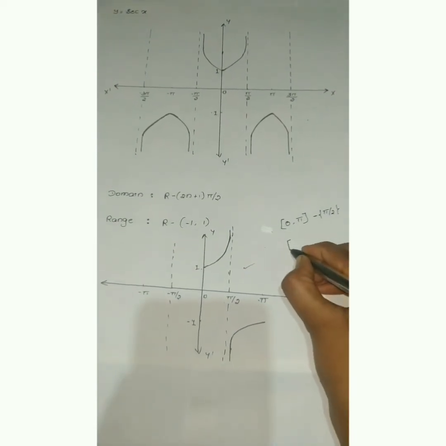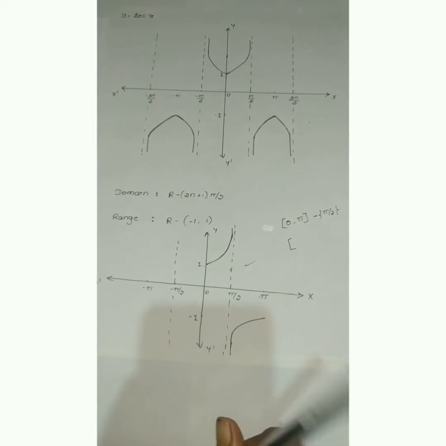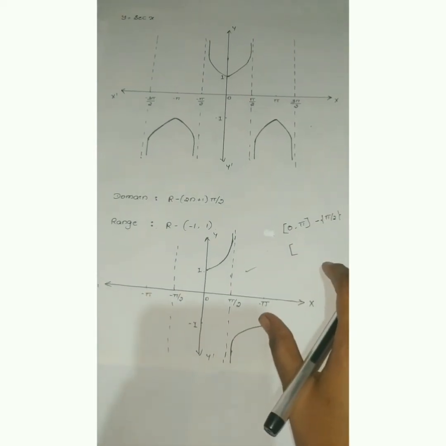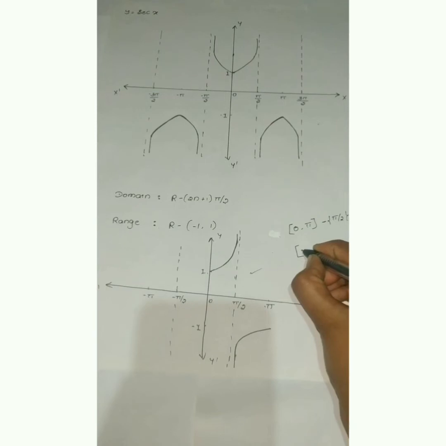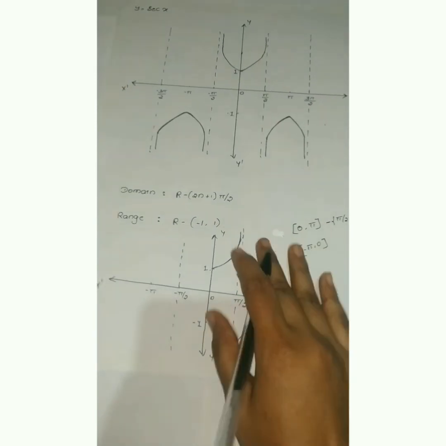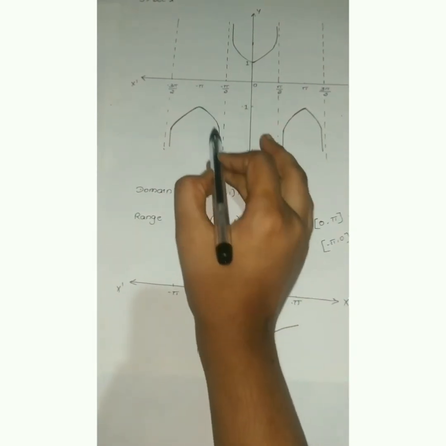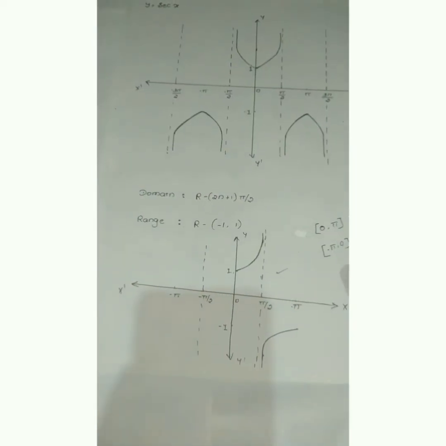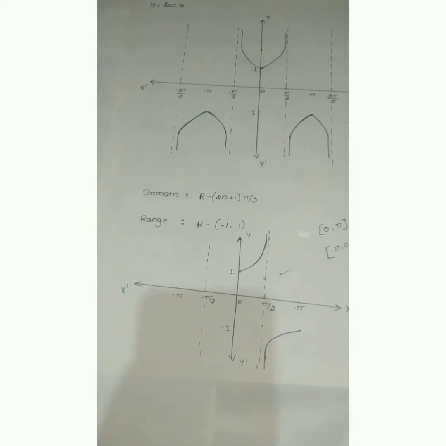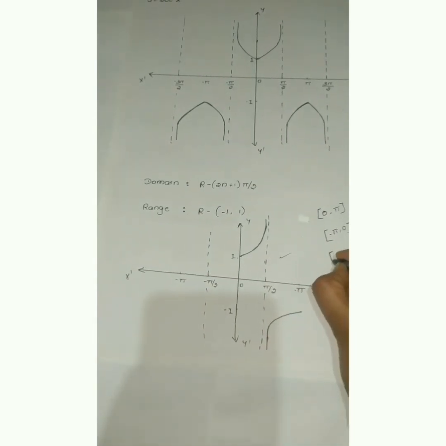In the same way, restrict the domain values to the closed interval minus pi to 0. So observe minus pi to 0 except the minus pi by 2 value, or the closed interval pi to 2 pi, here pi to 2 pi except 3 pi by 2 values.